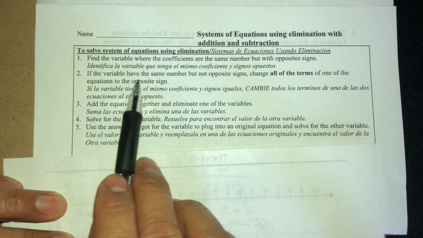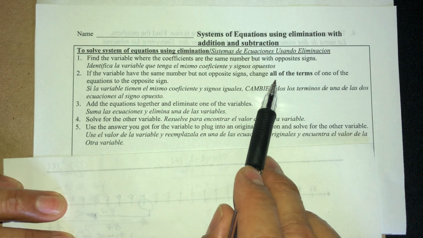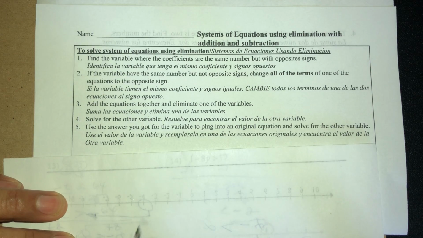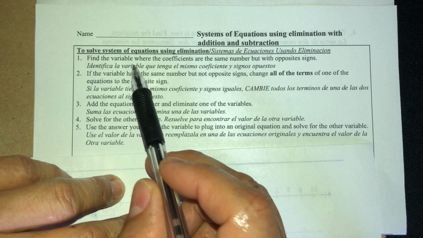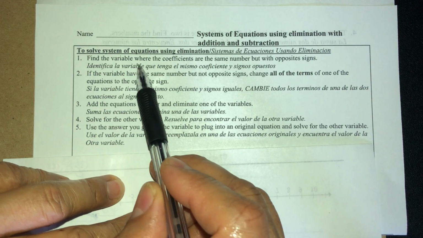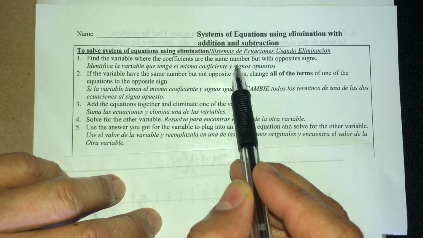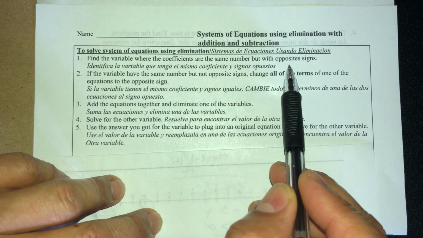If the variable has the same number but not opposite signs, all of the terms of one of the equations can be changed to the opposite sign. But remember, the first thing to do is find the variable where the coefficients are the same number and they have opposite signs.